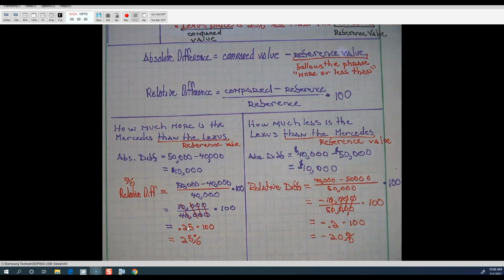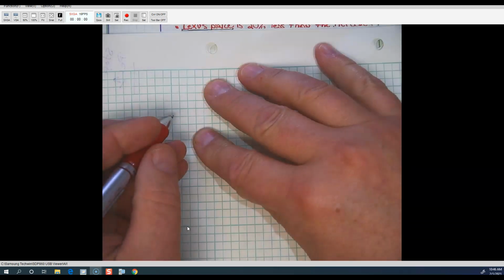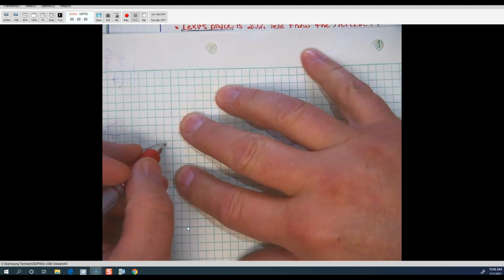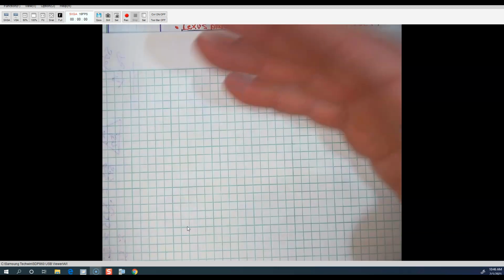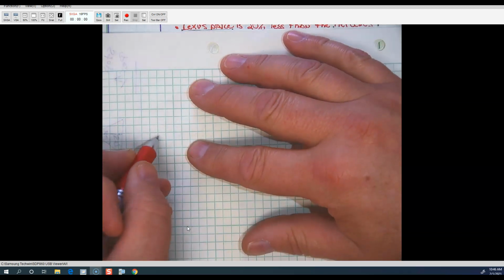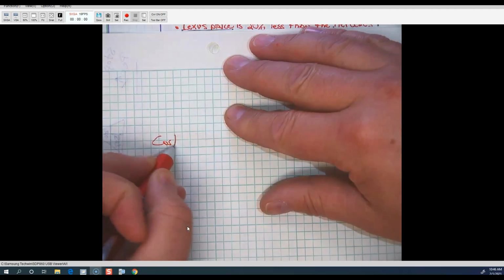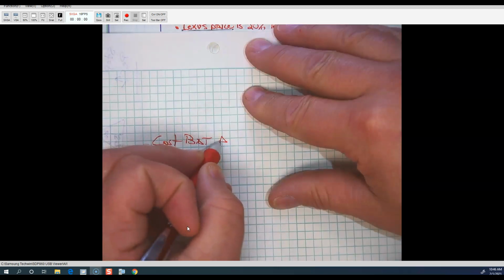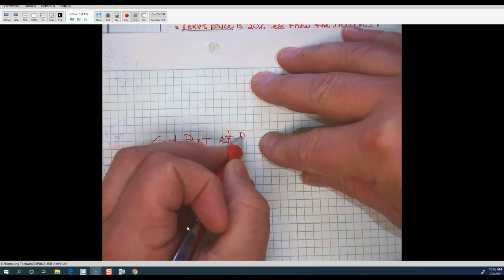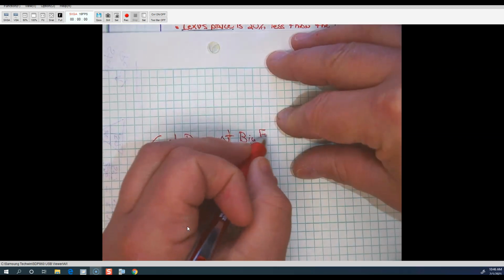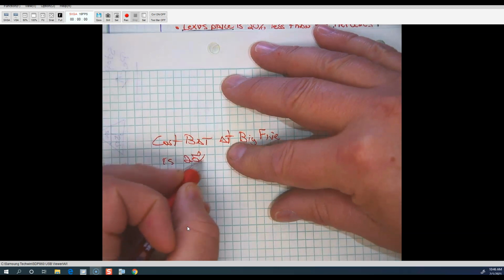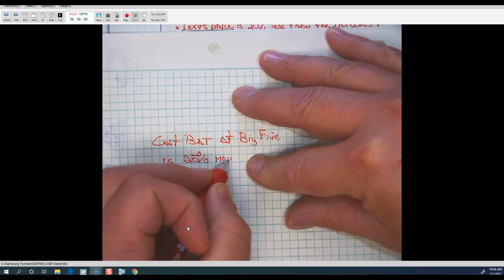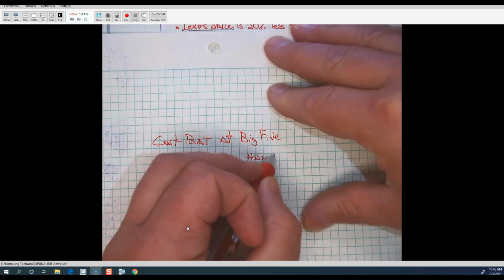So if you were given that, let's see, what's something that you buy? A baseball bat, I guess. Okay. Cost of a bat at Big Five is 25% more than Dick's Sporting Goods.